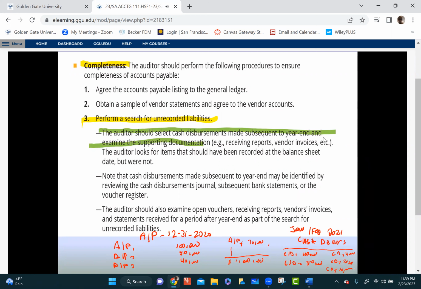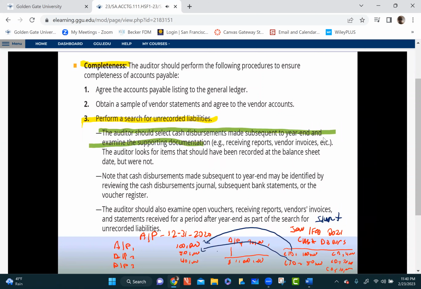Now, what do I do? I go ahead and start over here. I take that first disbursement and I see, okay, was it listed as a payable? Yes, it was. The second one, yes, it was.